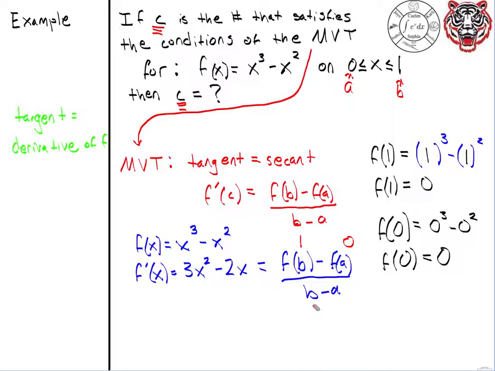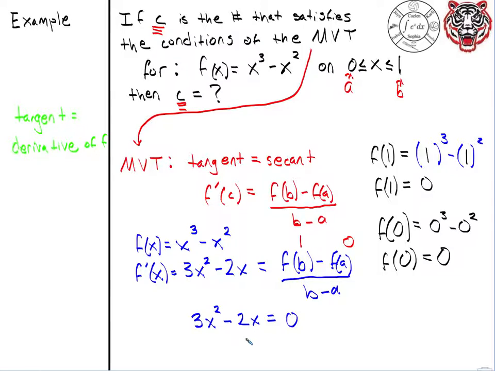Now I have 3x squared minus 2x is equal to what? F of b was 0 minus f of a, which is 0. 0 minus 0 divided by, what was b minus a? 1. This is 0 divided by 1, which is 0. Now I need to solve for my x.